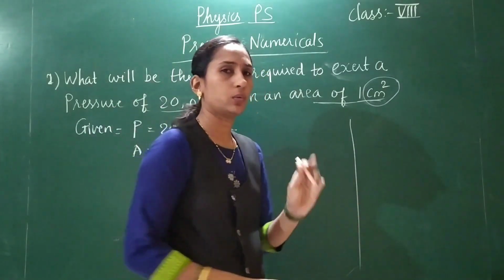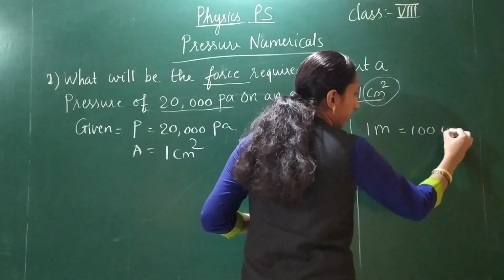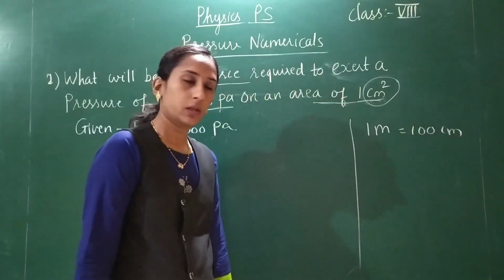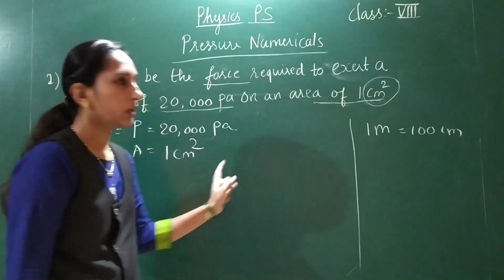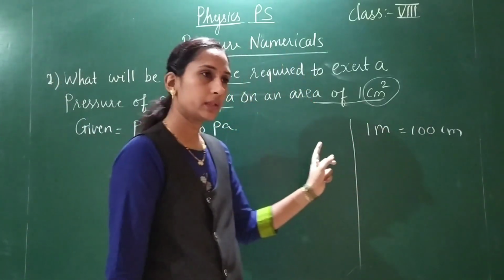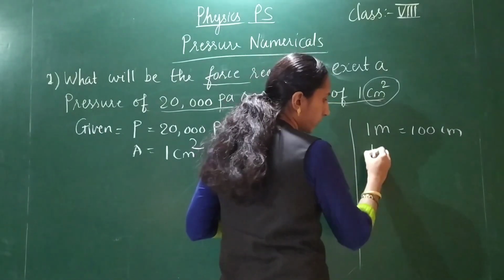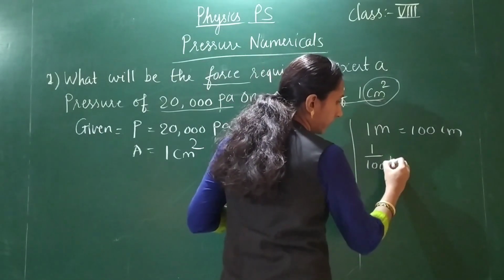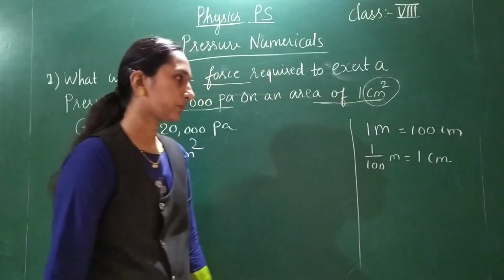You all know that 1 meter equals 100 centimeter. Now what we want to find here is 1 centimeter square. Convert this equation into 1 centimeter. Take this 100 to this side. So what will it become? 1 upon 100 meter equals 1 centimeter.